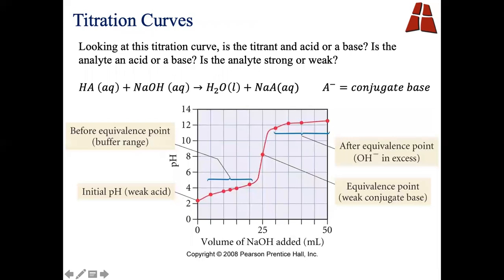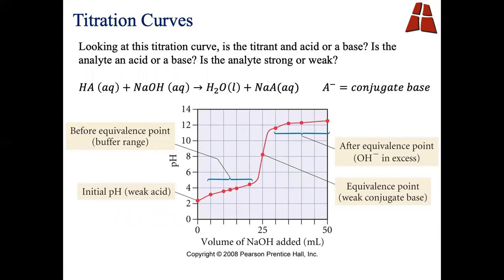Okay? With a weak acid being titrated by a strong base, in that case, our equivalence point is going to be greater than 7, be basic. That is because at the point where we have added the same number of moles of NaOH that we started with of weak acid, at that point, all that would be left is A minus, or sodium A, we could say, where A is just a generic conjugate base there.